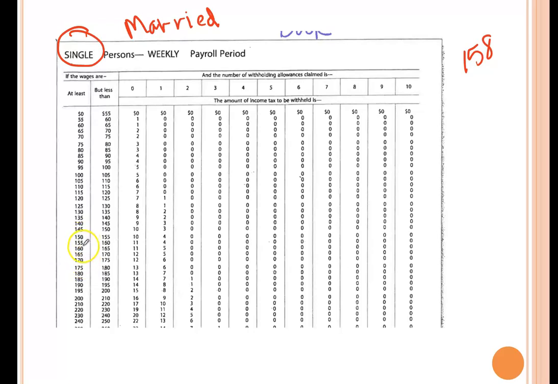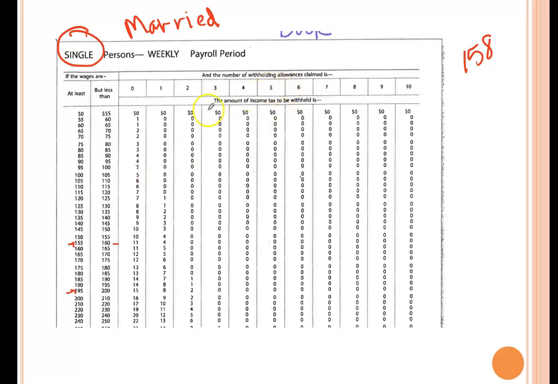So 158 would be between 155 and 160, so I would use that row. It's probably good if you get a piece of paper to help with that row. So if they made 199, it would be between 195 and 200. This can be a little tricky, trying to figure out the "at least, but less than" amount.